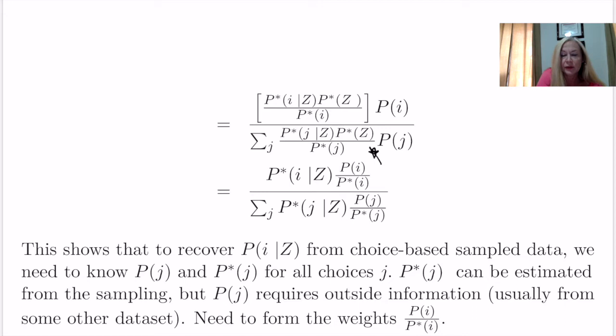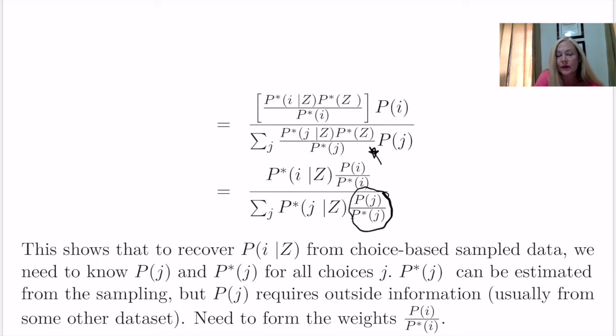Now from here we use Bayes' rule to plug in for P star of Z given J. So you see we plugged this in, and to recover P of I given Z from choice-based sample data, we need to know this.